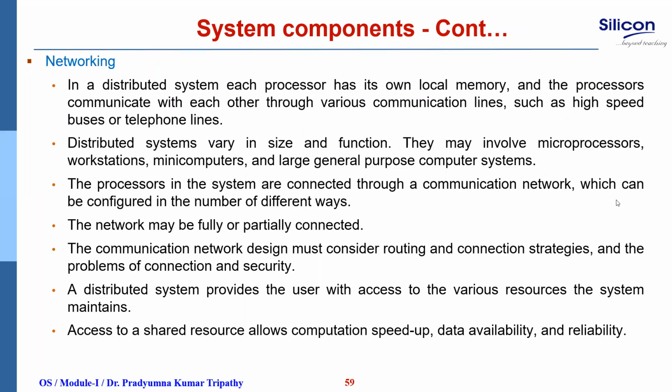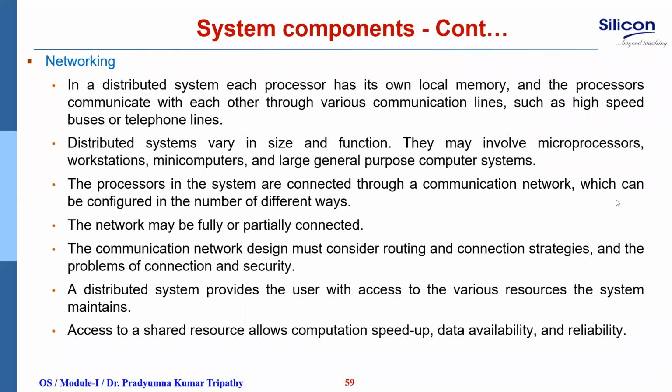Access to a shared resource allows computational speedup, data availability, and reliability. If you are able to access those resources, reliability and availability increase. That means if there is a failure, I can get data from some other location because I have access. So reliability increases. Availability increases, as data is available everywhere because the data can be transferred.